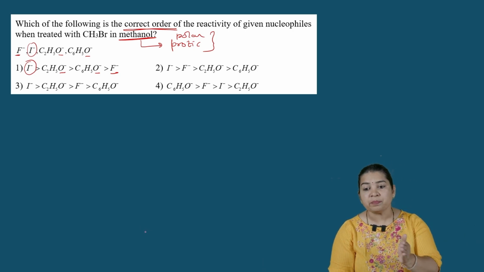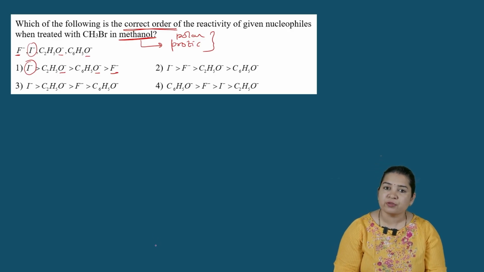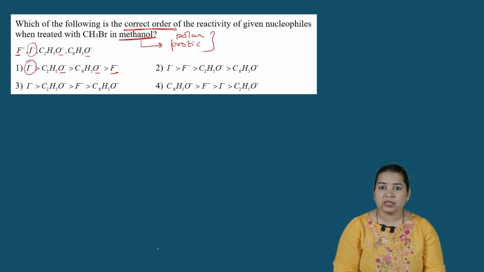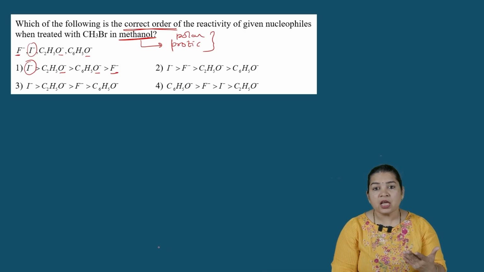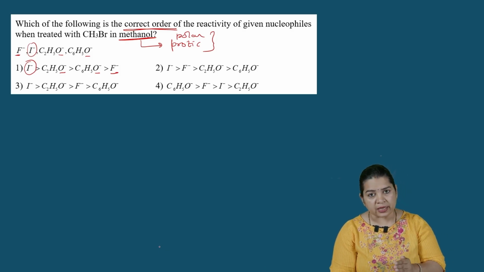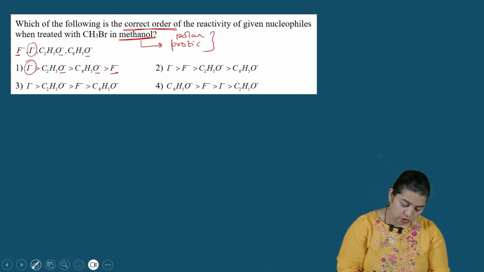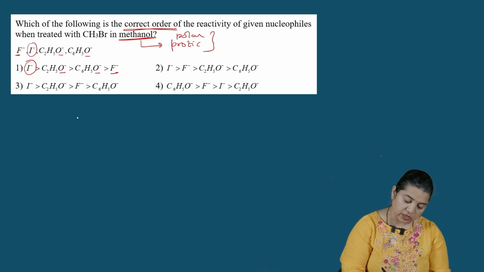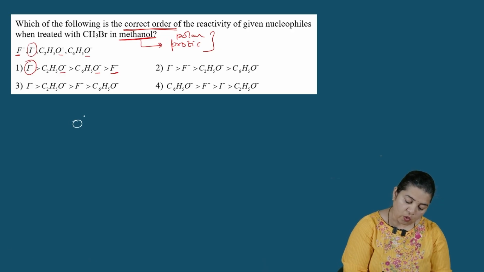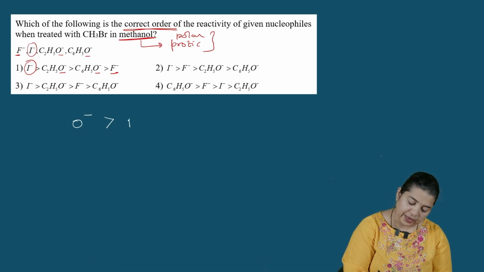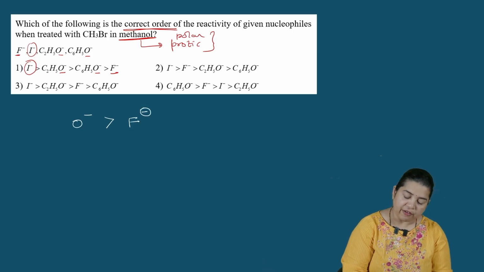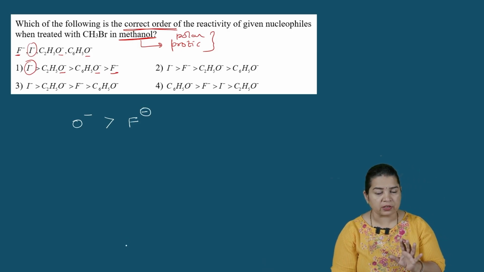Along the period, when we move from left to right, as the electronegativity increases, nucleophilicity decreases. So by that information, I can say that O minus is going to be a better nucleophile than F minus. That is my first set of conclusion.